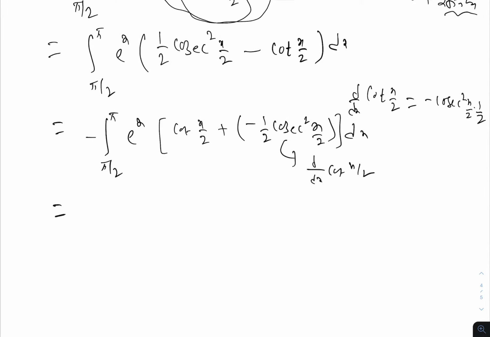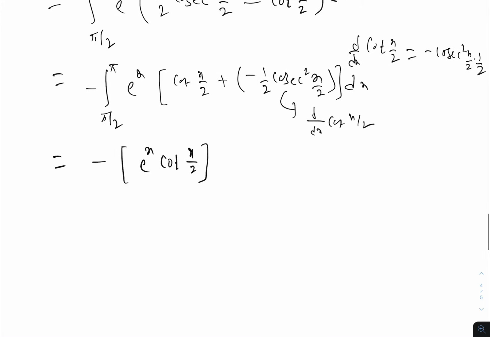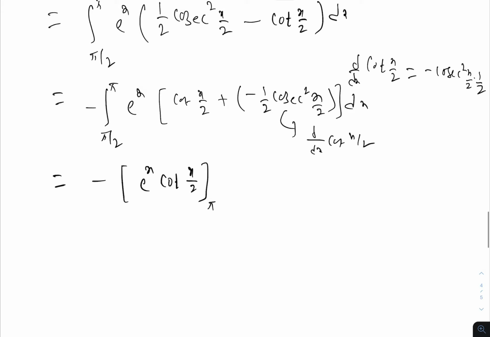So the integration is minus e power x cot x by 2, and the limits are pi by 2 to pi. So if we take the pi, then this is e power pi cot pi by 2, then minus e power pi by 2 cot pi by 4.